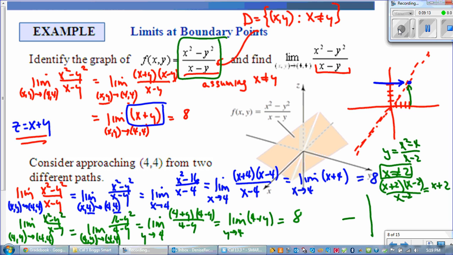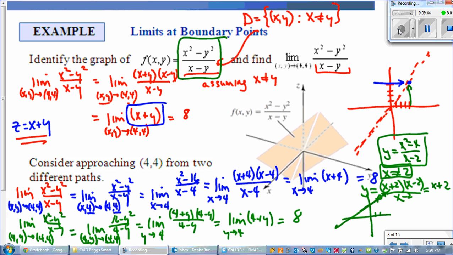So when you were graphing this, this is the graph of y equals x plus 2, which was this line, except x couldn't be 2. So we actually had a hole in the graph here at the point (2, 4). So this equation was just a line with a hole in the graph at (2, 4). And so if you wanted the limit as x approaches 2, then that limit was going to be 4.